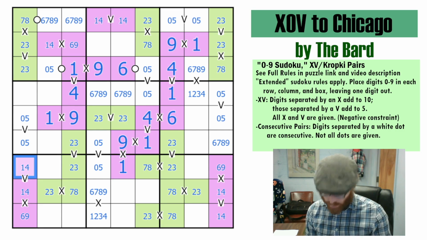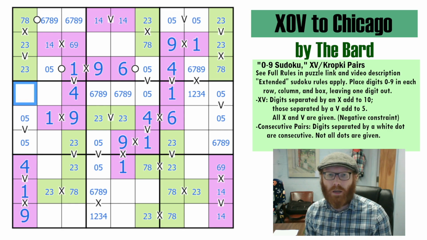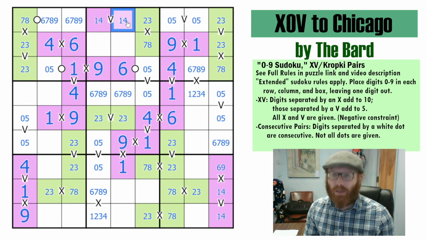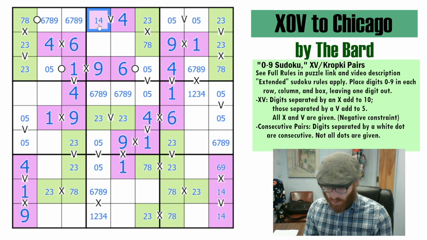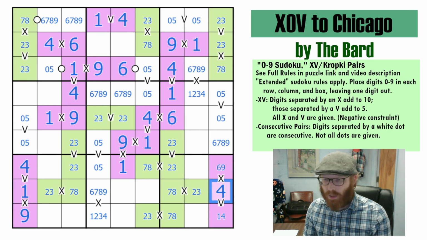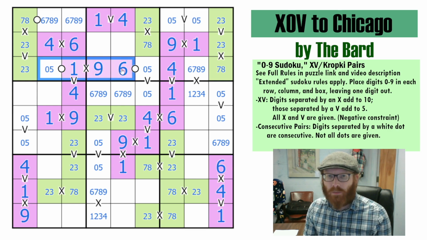Should all come quite quickly now, I think. 4, 1, 9. Up here, we've got a 4 and a 6. Let's see. This one gives me a 4 and a 1. And can we get into this piece? Yes, this one gets me a 4, 1, 6. Now we got these dots.